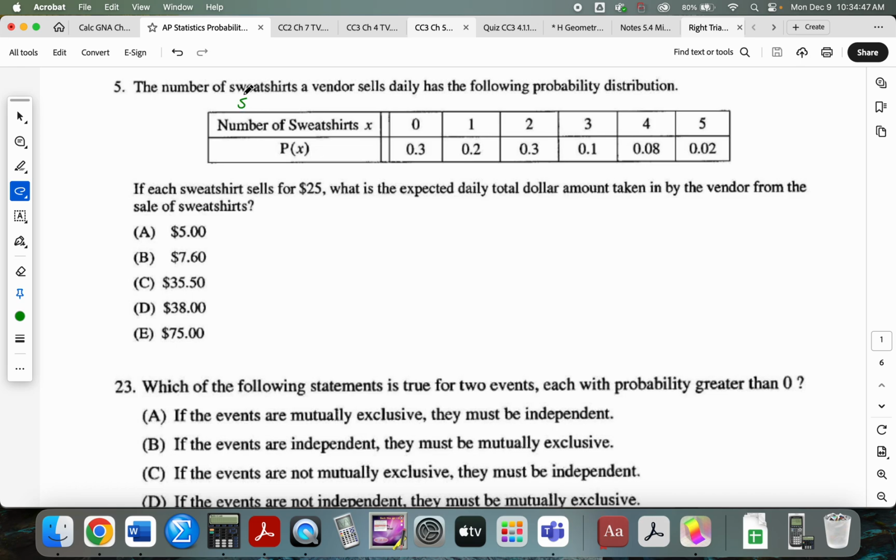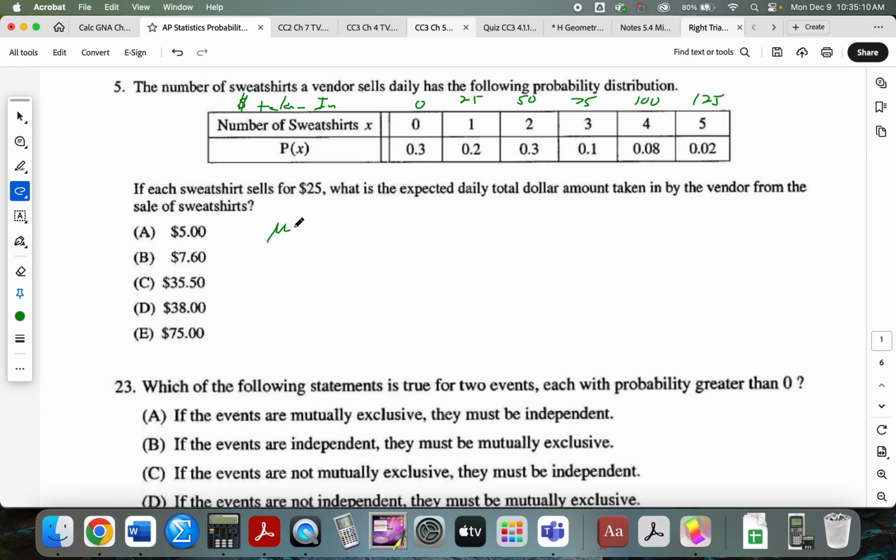So this would be the dollar amount taken in. So 0, 25, 50, 75, 100, 125. This person's not making a lot of money if this is per day.